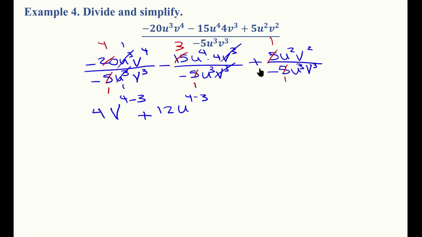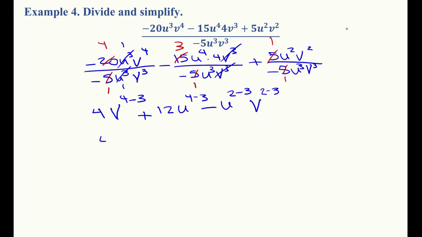And then on the next term, we have a positive and a negative, and when you divide those, that's going to give you a minus overall, so, or a negative. So minus u to the power of 2 minus 3 times v to the power of 2 minus 3, right?